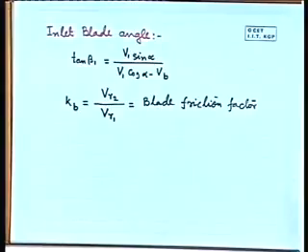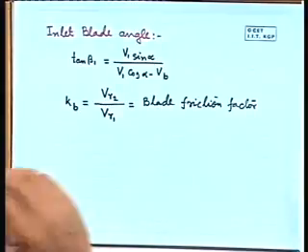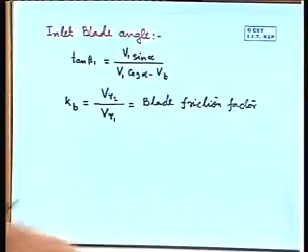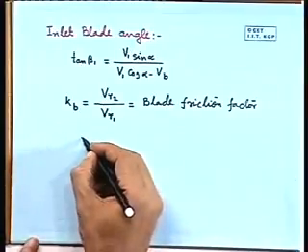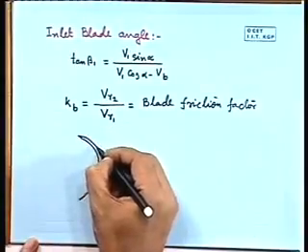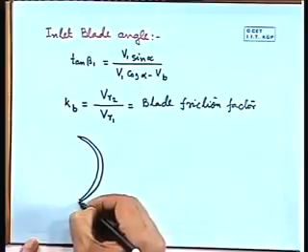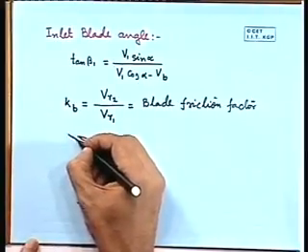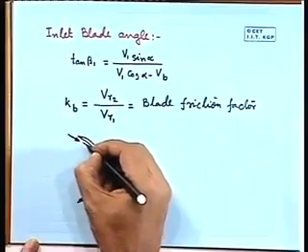The concept is like this. The blade is something like this. Okay, let me draw the blade here. This is one impulse blading. The steam is entering something like this.